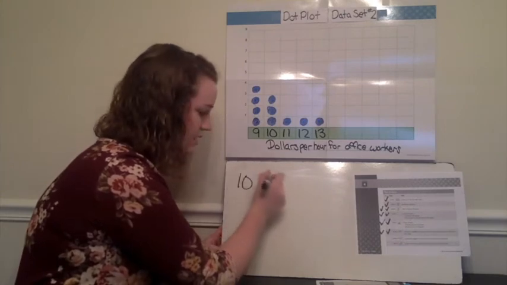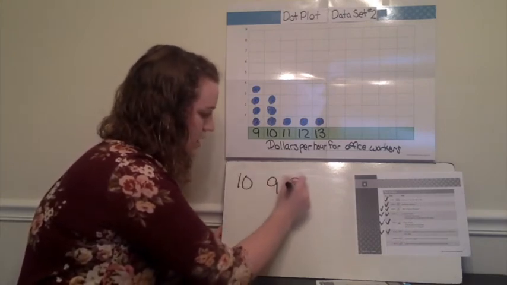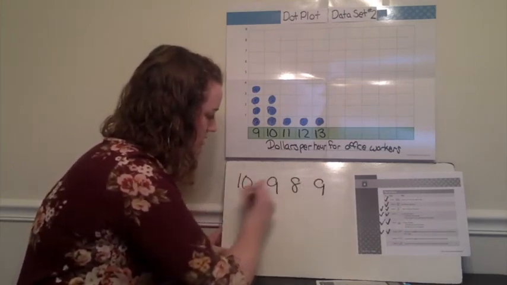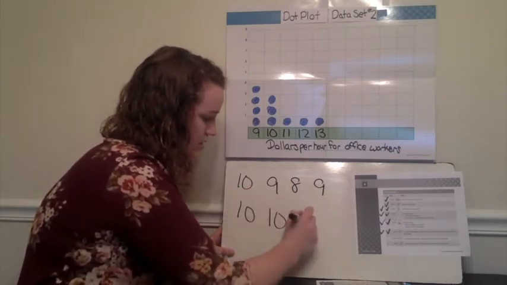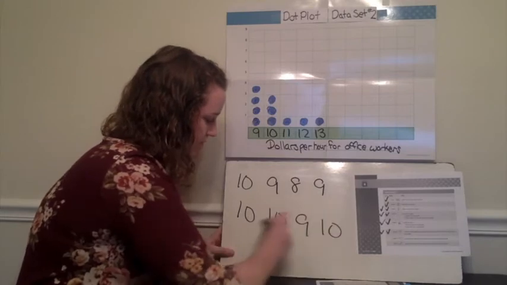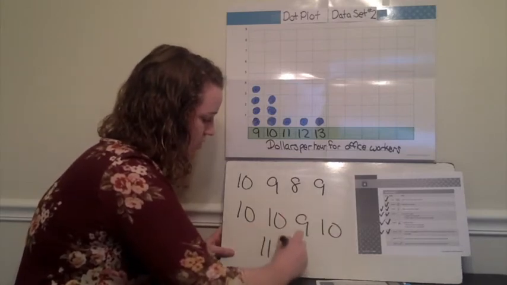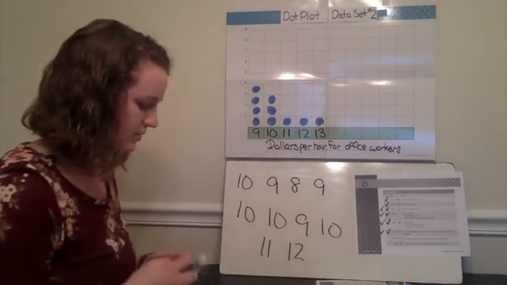So we have 10, 9, 8, 9, 10, 10, 9, 10, 11, and 12. All right.